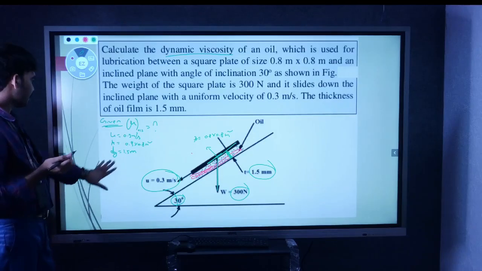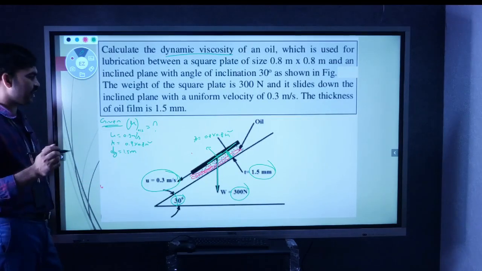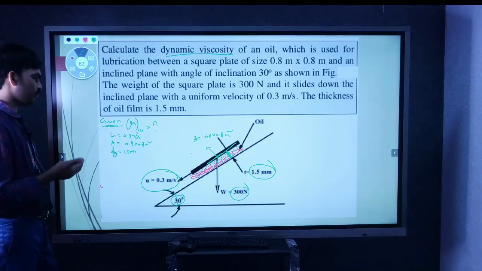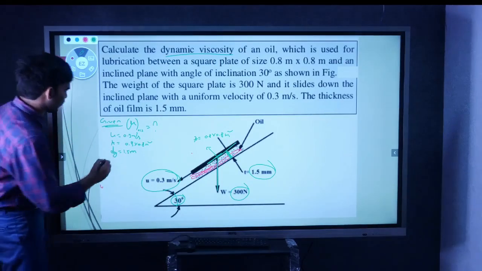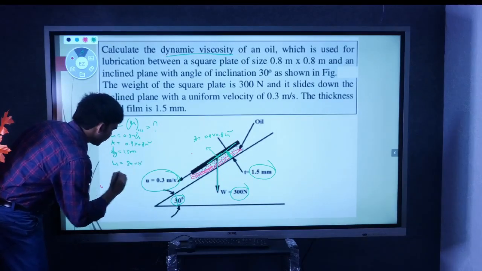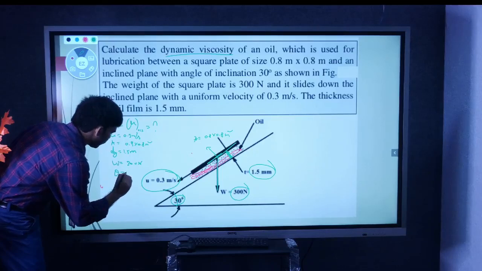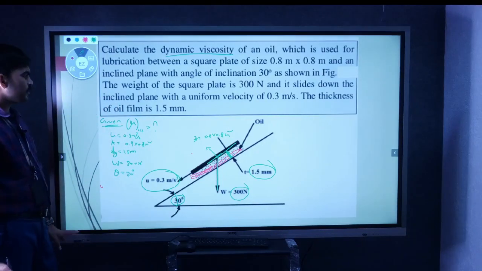Okay, this is the given data. And also inclination is given and weight is given. Weight is given as 300 newtons and theta, the angle of inclination of the plane, is given as 30 degrees. This is the data given, right?